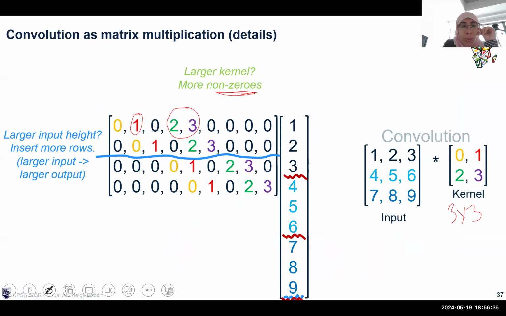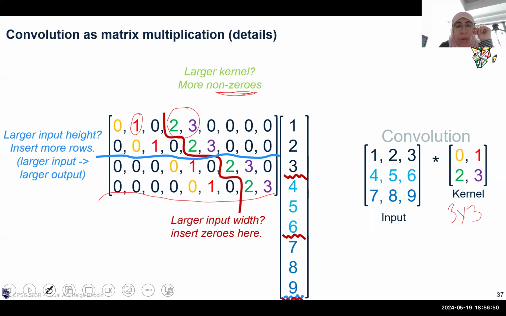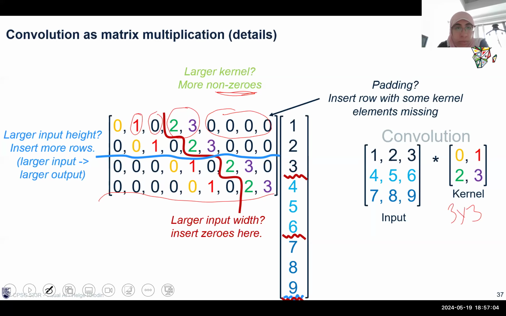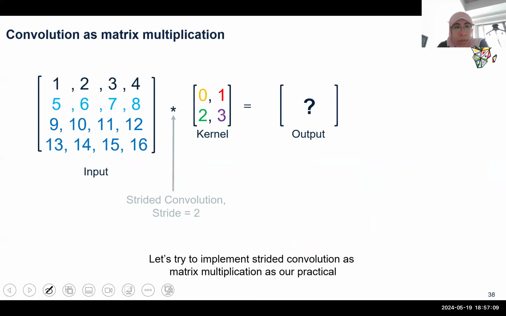If you have a larger input height, you will have more rows, for example another 2 rows that need to be multiplied with this vector. If you have a larger input width, you will have to insert more zeros here. Again, we use these zeros to control how to convolve our image. I hope this makes it clear.